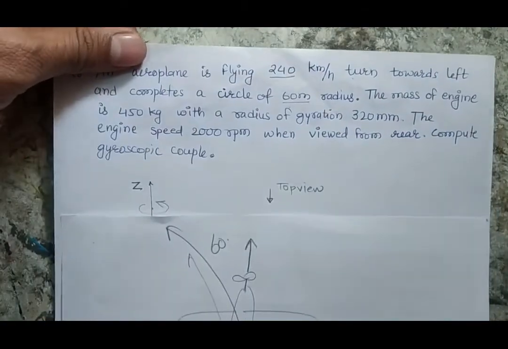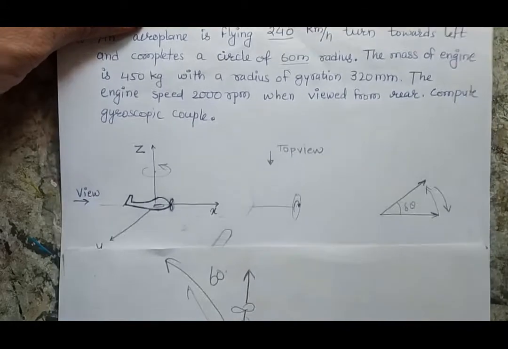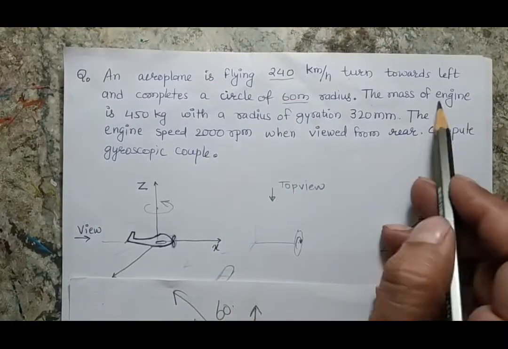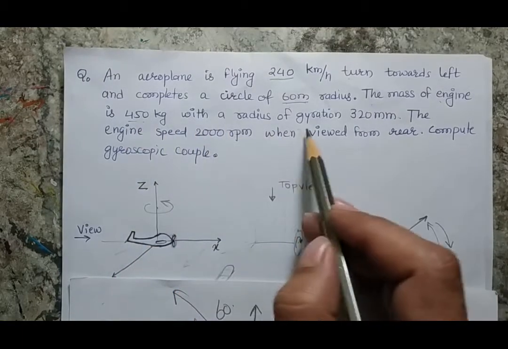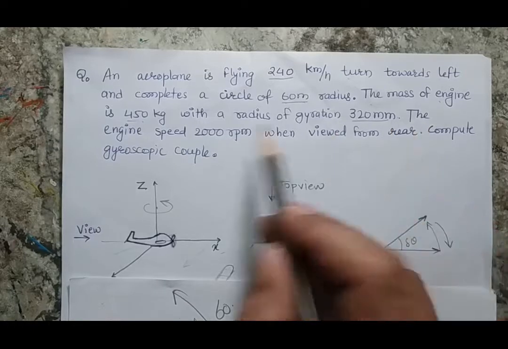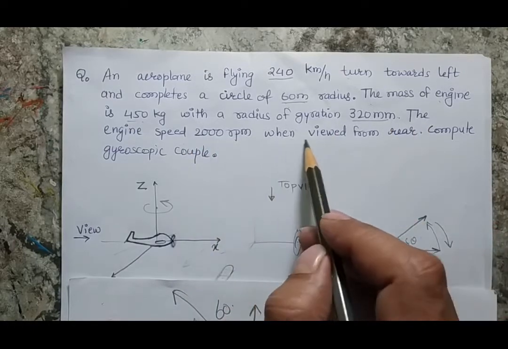So now let's complete this statement. It is rotating with a radius of 60 meter, the mass of the engine is 450 kilogram, and the radius of gyration is 320 mm. The engine speed is 2000 rpm when viewed from the rear.